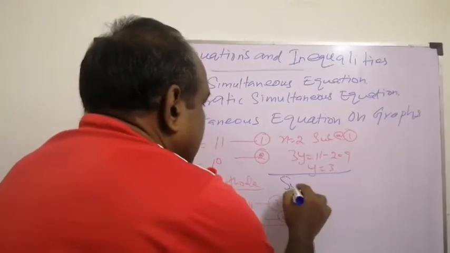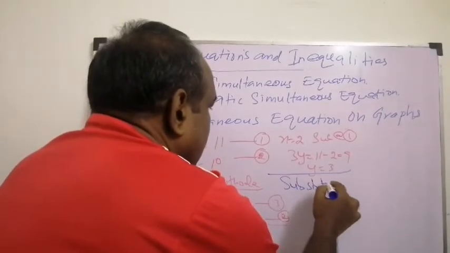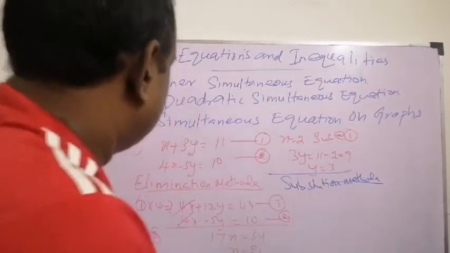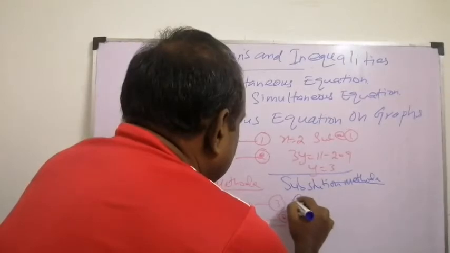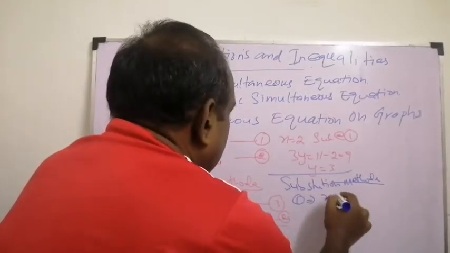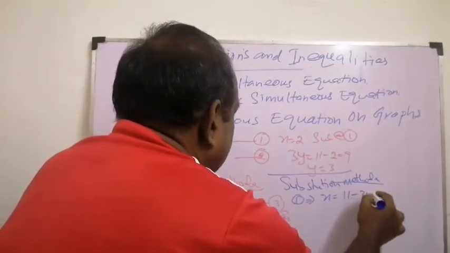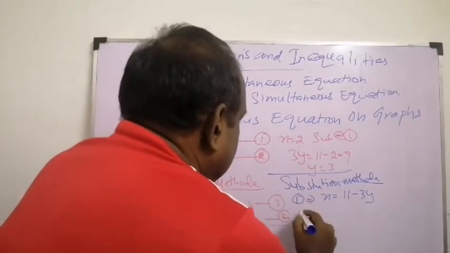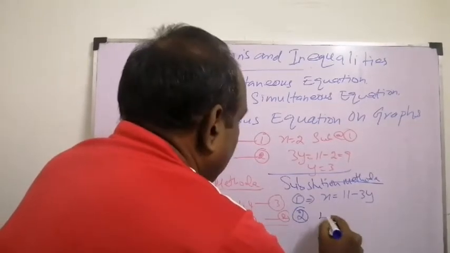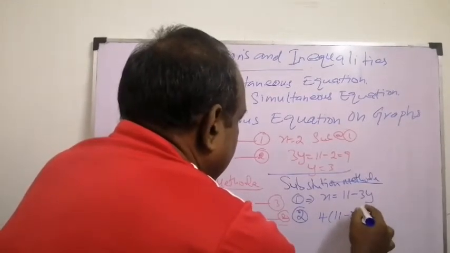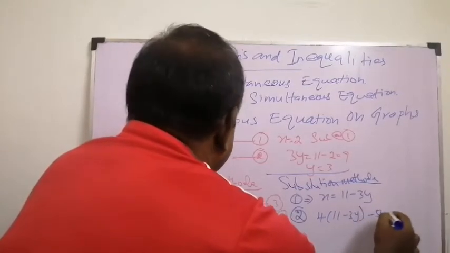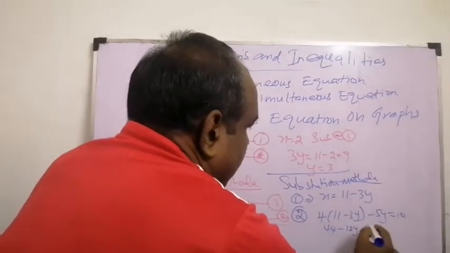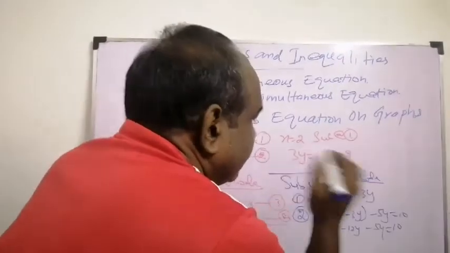Under the substitution method, from the first equation, x is equal to 11 minus 3y. From the second equation, 4 into 11 minus 3y, minus 5y is equal to 10. So 44 minus 12y minus 5y is equal to 10.